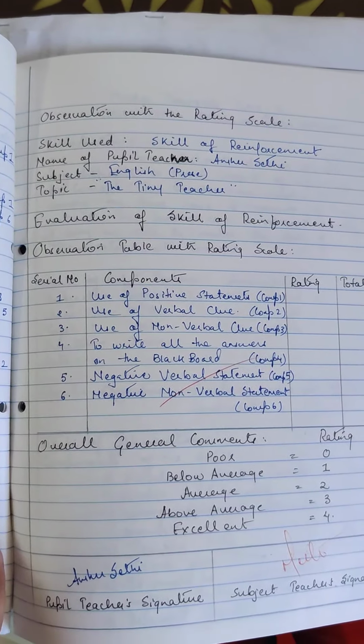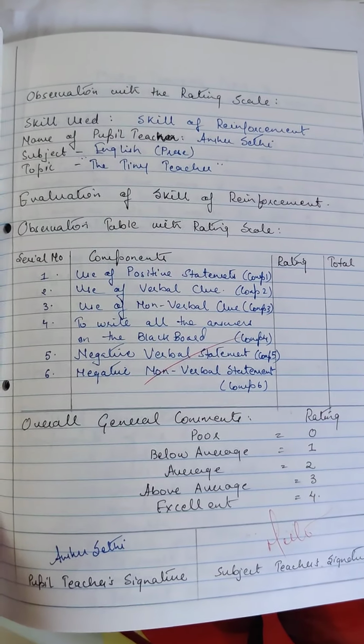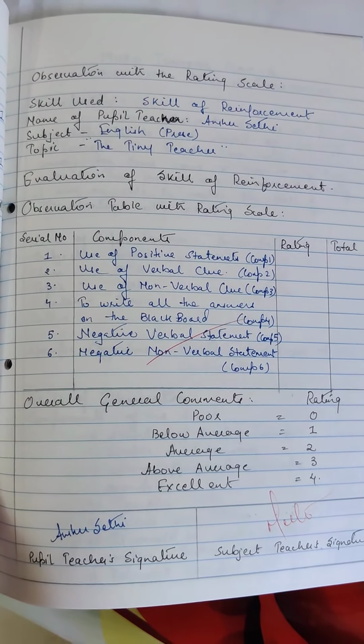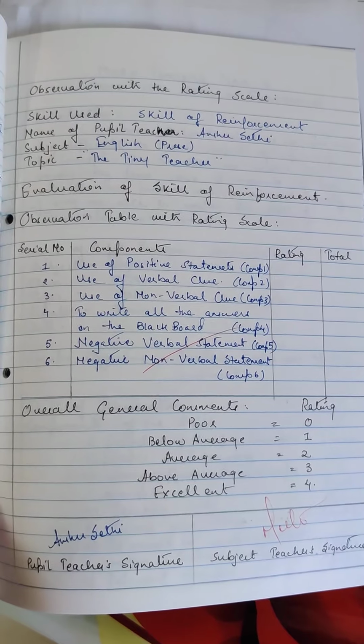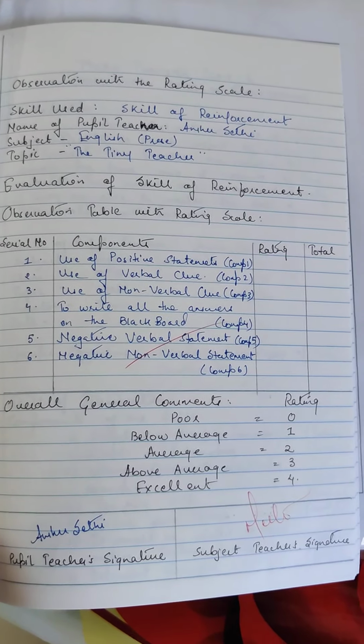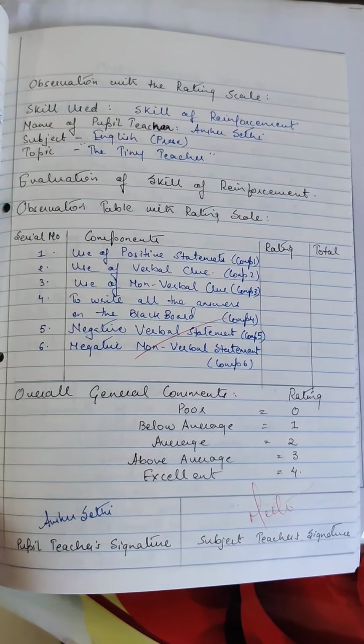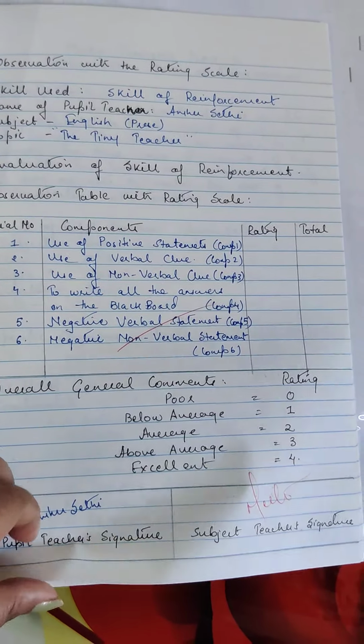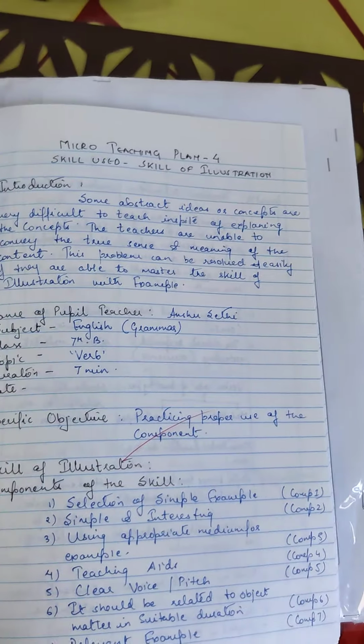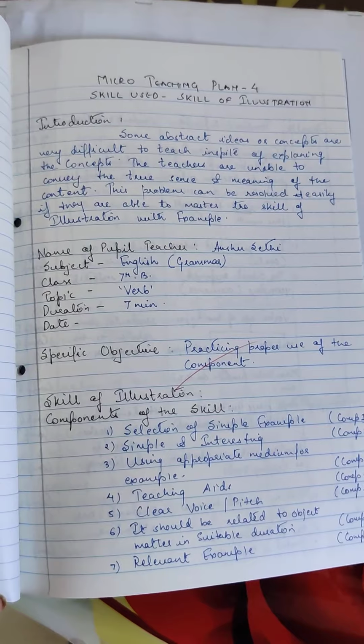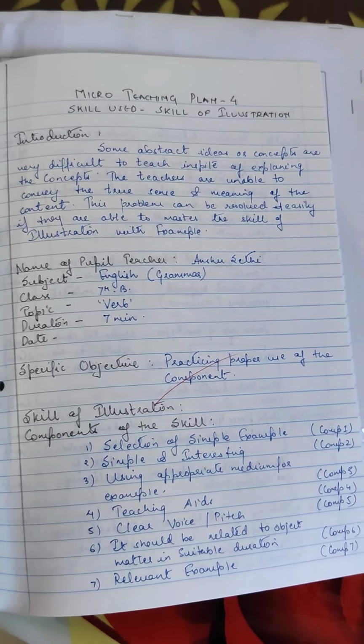Then comes the observation table with the rating scale. Then comes the fourth micro lesson plan, which is for the skill of illustration.